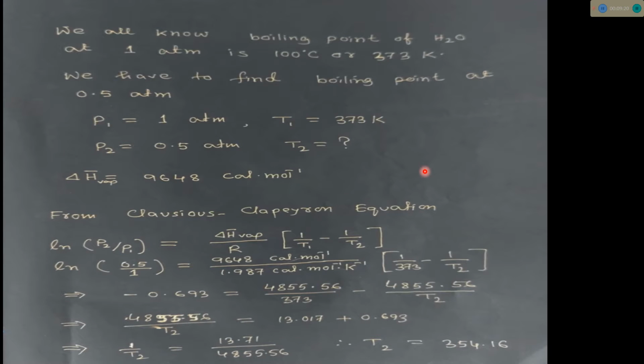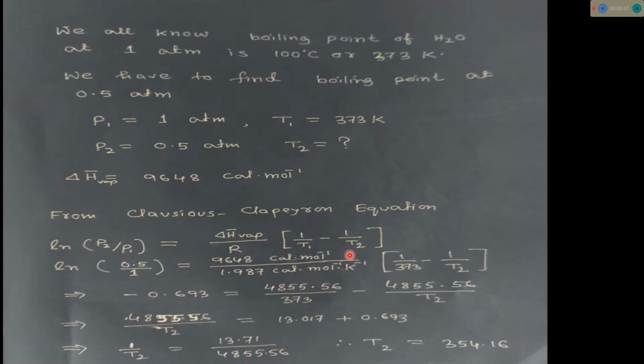So using the Clausius-Clapeyron equation, this type of question, whether it is liquid-gaseous equilibrium or solid-gaseous equilibrium, can be solved. In the case of solid-gaseous equilibrium, the process is ΔH sublimation.